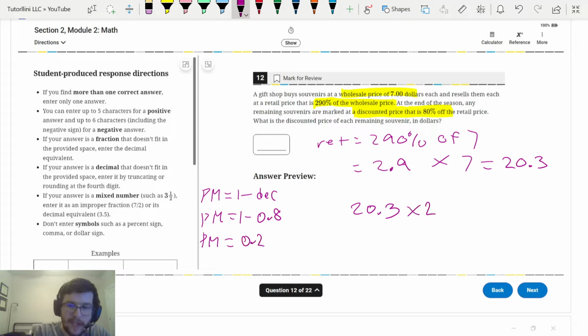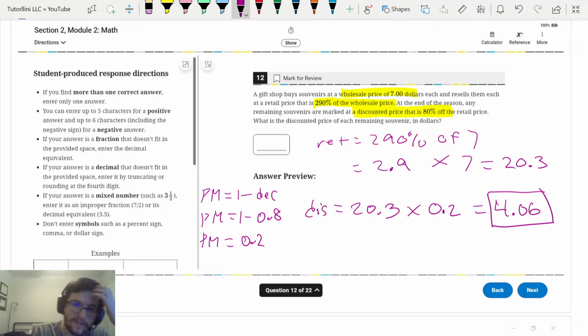So you multiply this guy by 0.2. You go to the calculator and you get 4.06 for the discounted price after the retail. So the answer is 4.06.